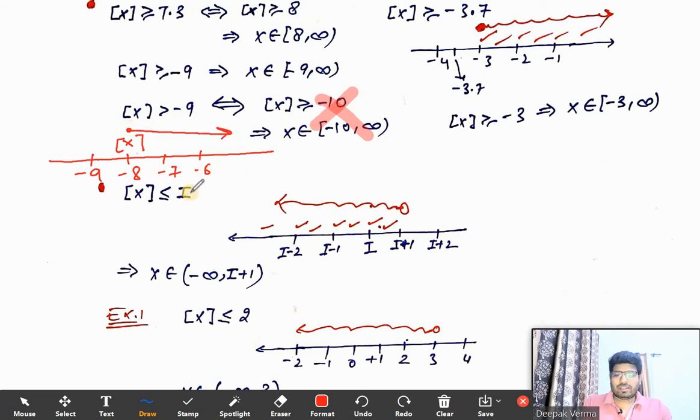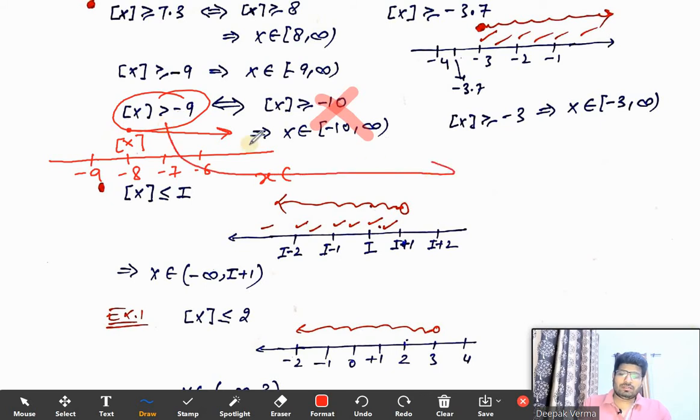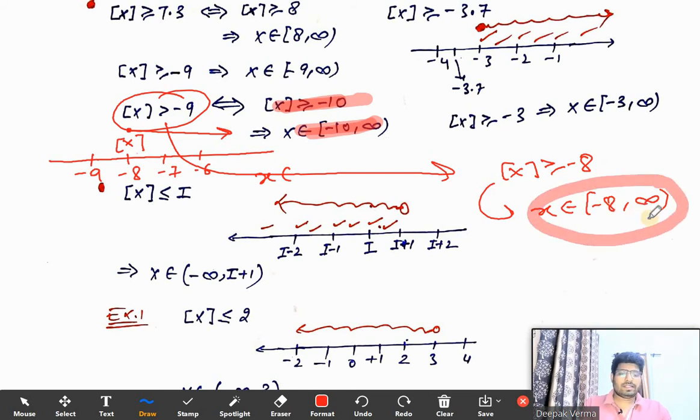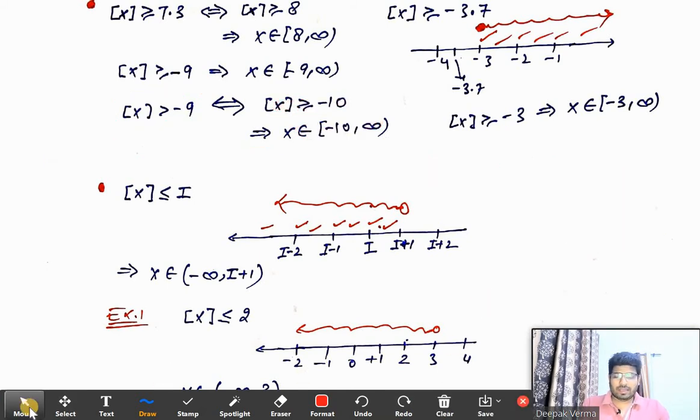Then it means now we can write box x greater than minus 9 as box x greater than or equal to minus 8. Now we can apply x belongs to minus 8 to infinity. Is it clear? So of course this is wrong, this is not right, so remove this. The right answer is this, minus 8 to infinity. I hope it is clear.